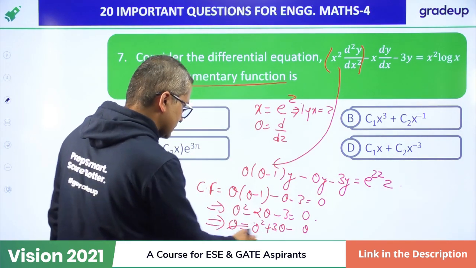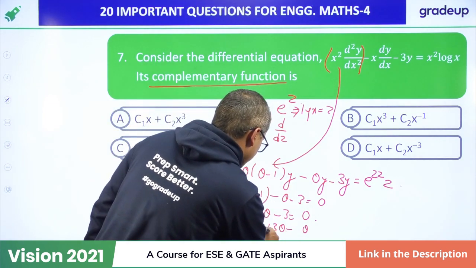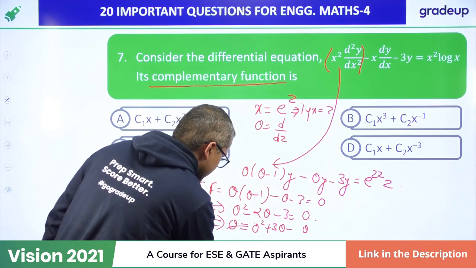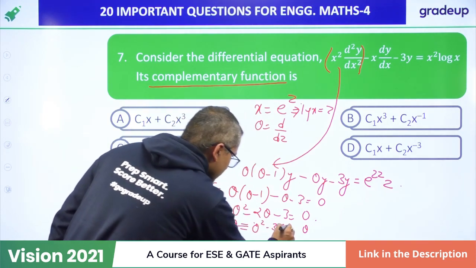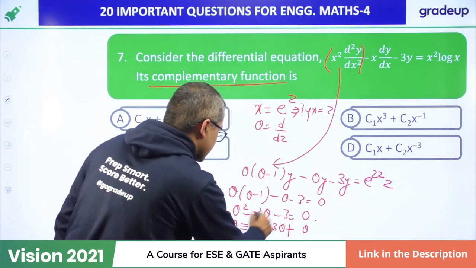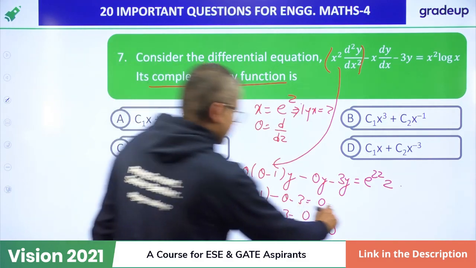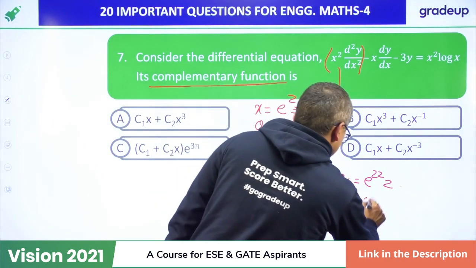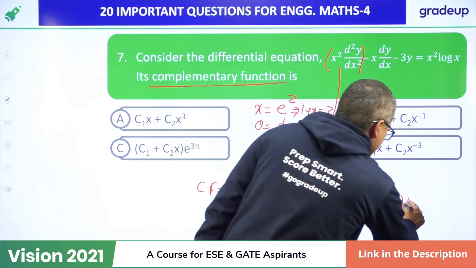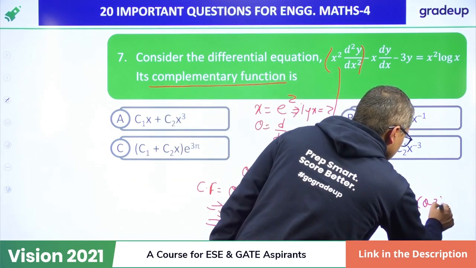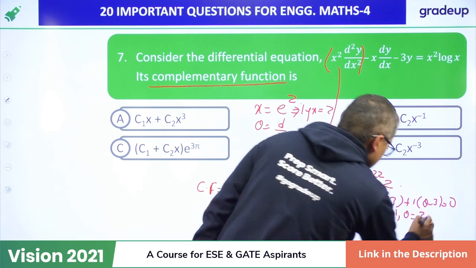I'm just getting messed here. Minus 3 theta plus theta, that is minus 2 theta minus 3 equals to 0. All right, so if we factorize it, it's going to be theta plus 1 into theta minus 3 equals to 0. So theta equals to minus 1 and theta equals to 3.